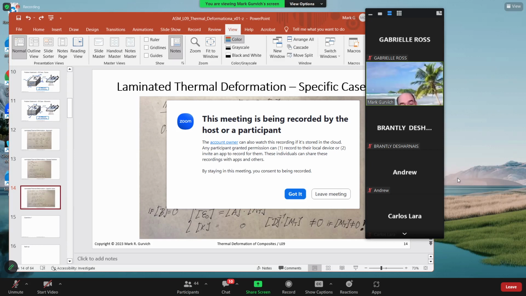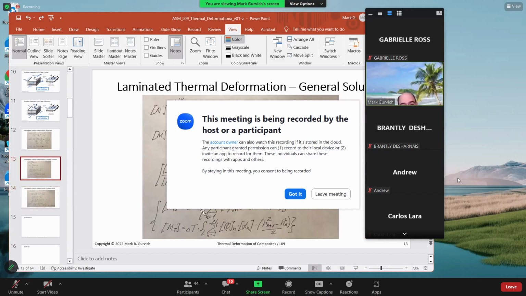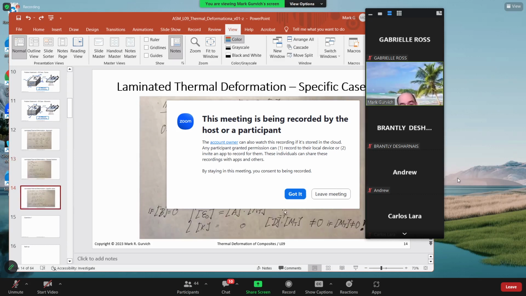You can consider the case when you just have strain in the neutral position. So you will have epsilon sub-zero equal to the inverse matrix A, when B is 0, multiplied by NT. And NT, as we see here, is directly proportional to delta T. So this is the equation for how to calculate the effective coefficient of thermal expansion for any laminated package.